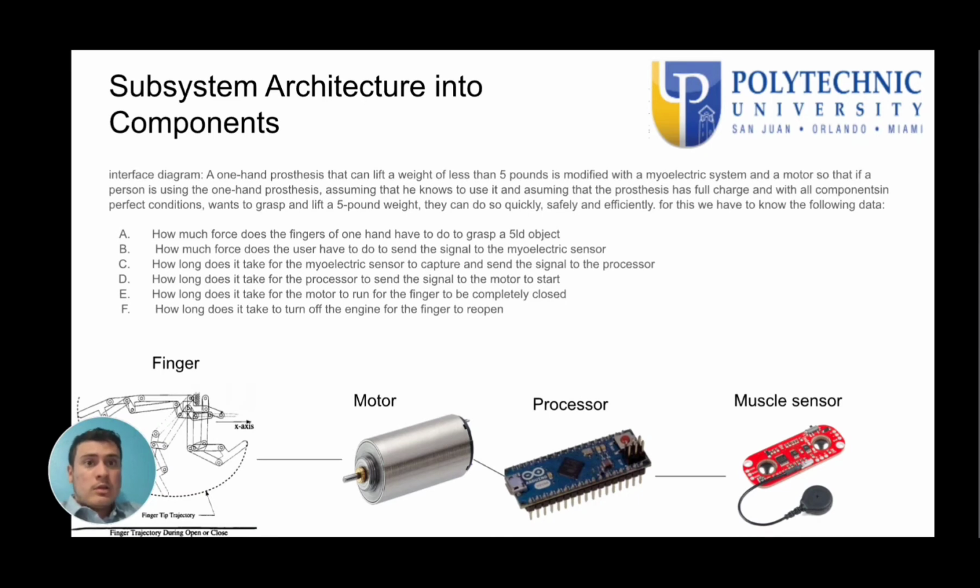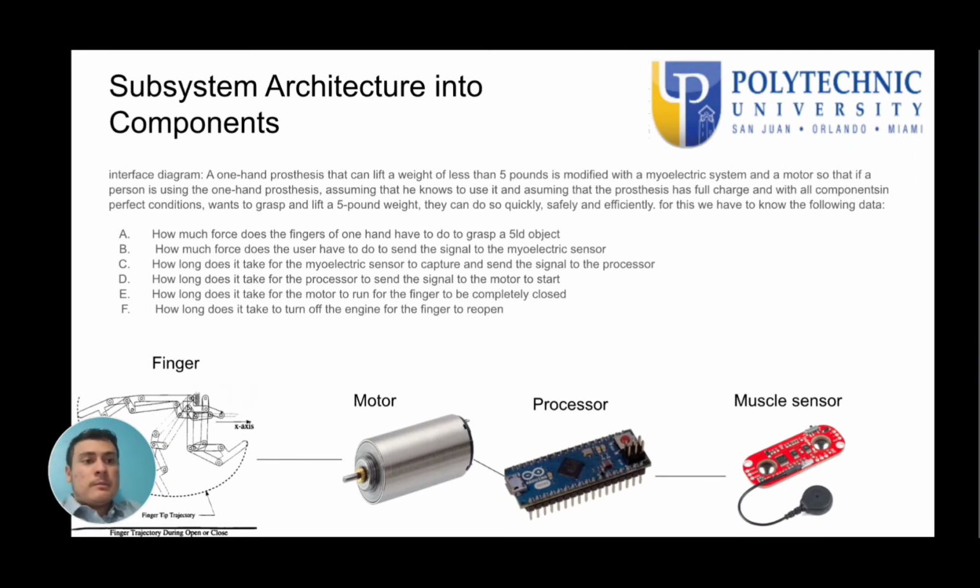How long does it take for the processor to send the signal to the motor to start? How long does it take for the motor to run until the finger is completely closed? How long does it take to turn off the motor for the finger to reopen?